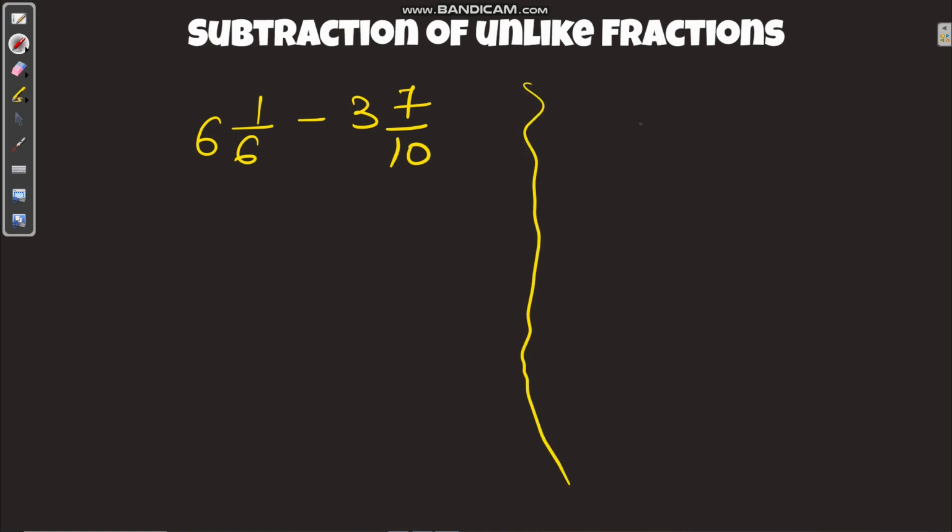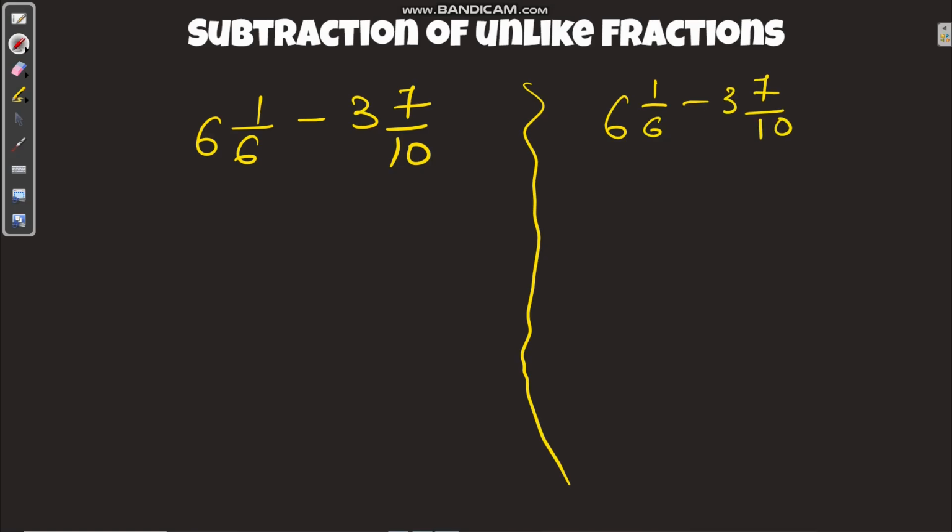Let us solve a few more questions. Let's take another example, that is 6 1 by 6 minus 3 7 by 10. In this case there are two mixed fractions, so there are two ways to solve from here. I'll show you both ways.